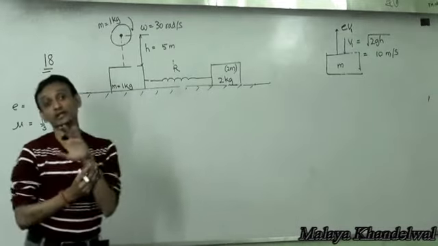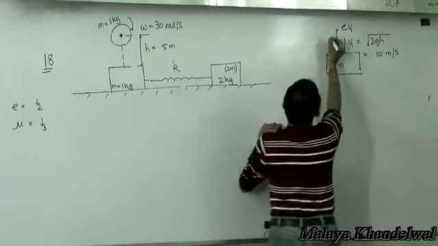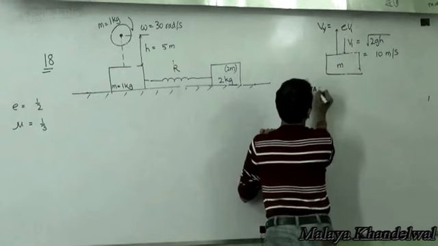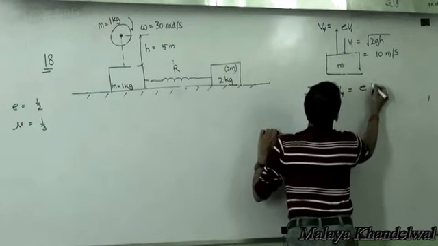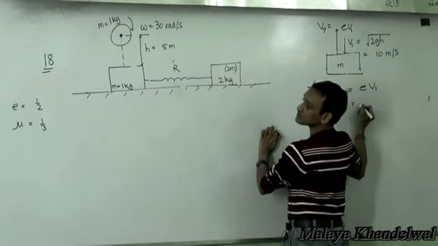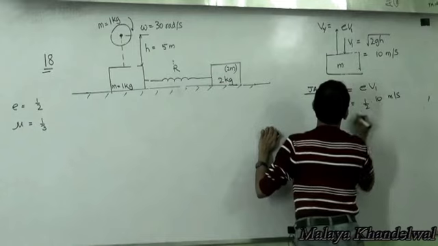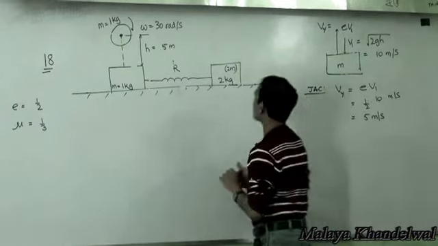Its vertical component of the velocity will become E times V1 just after collision. E is half, right? Half of 10. 5 meters per second will be its vertical velocity just after collision. Alright.